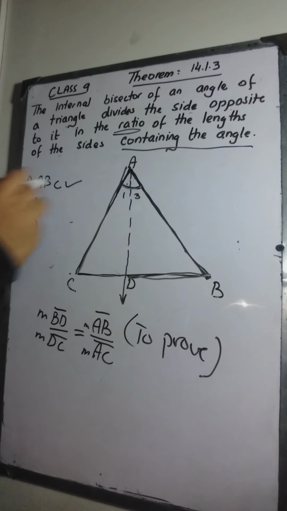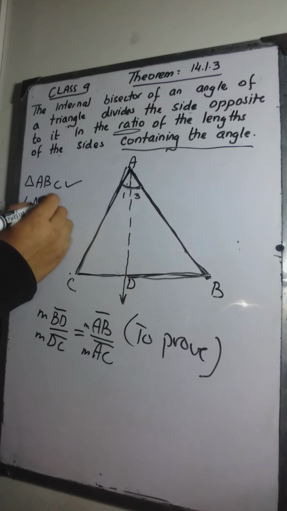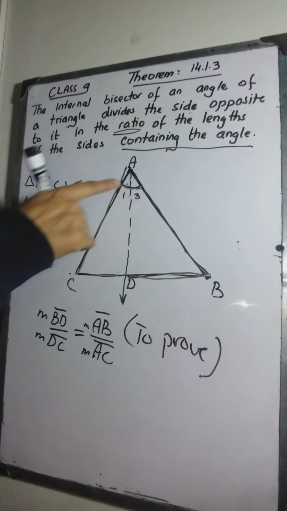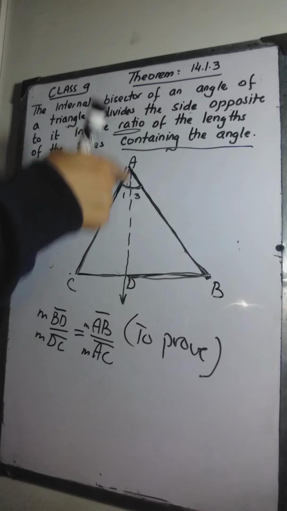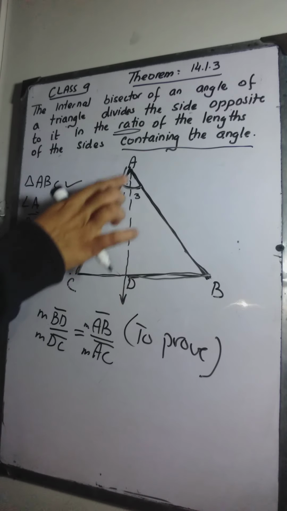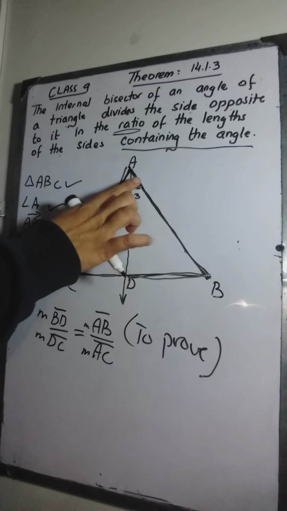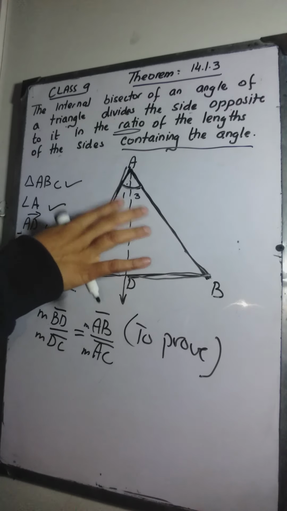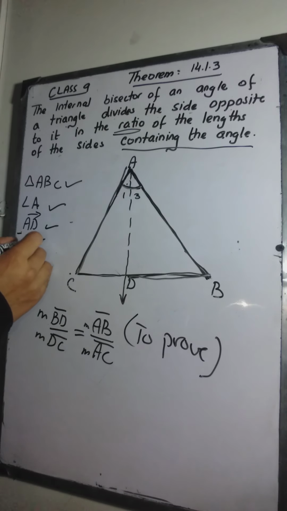A triangle ABC is given to us, we have an angle A, and we have a bisector of this angle. If this is the bisector of the angle, it means this line will divide this angle into two equal halves. So it means that the measure of angle 1 will definitely be equal to the measure of angle 3.